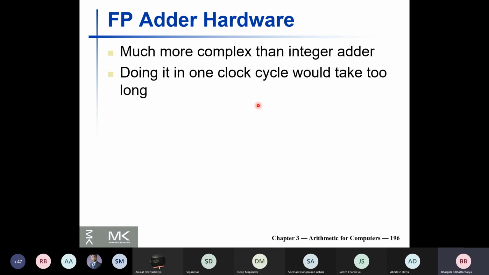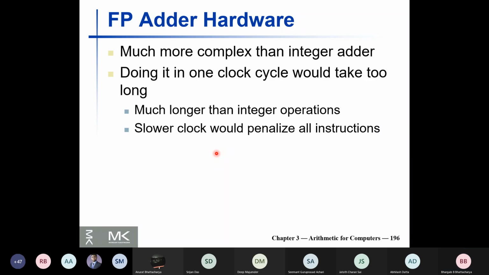So if you want to do it in one clock cycle, as for other typical machine operations, then the clock cycle time would be too long, and that would unnecessarily slow down the entire machine. So it's much longer than integer operations.